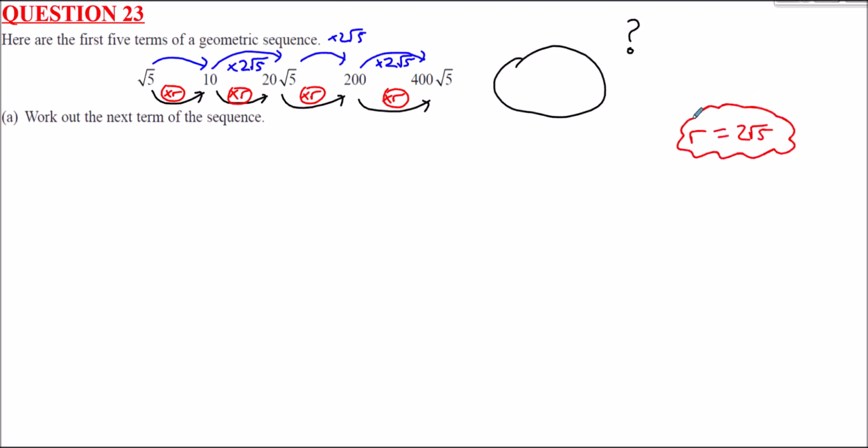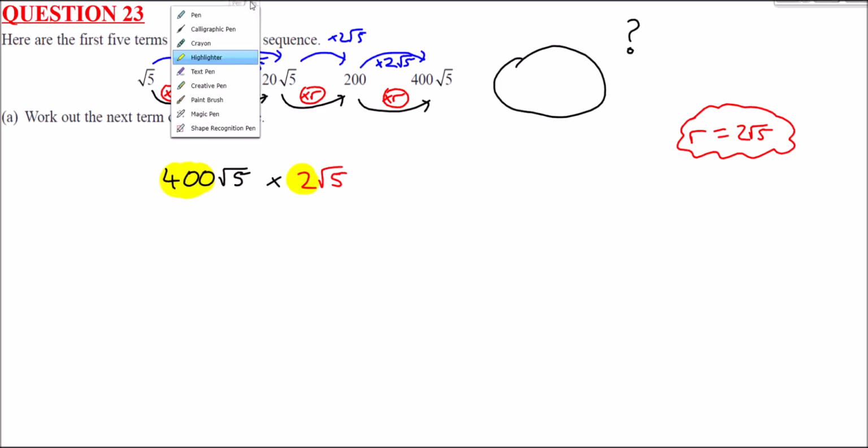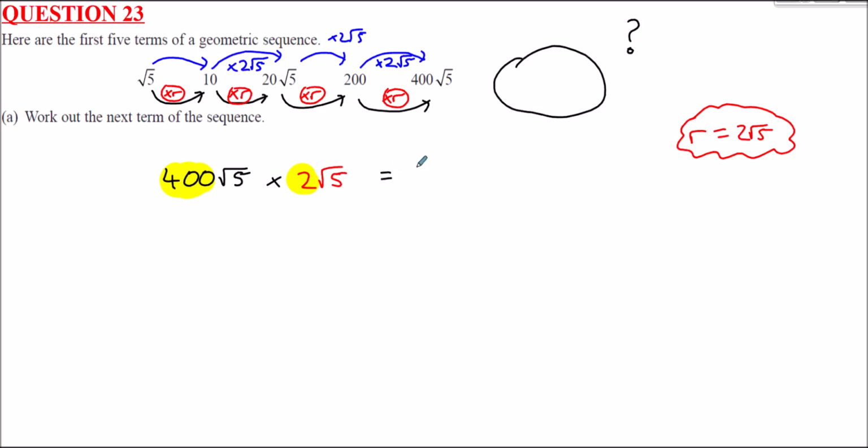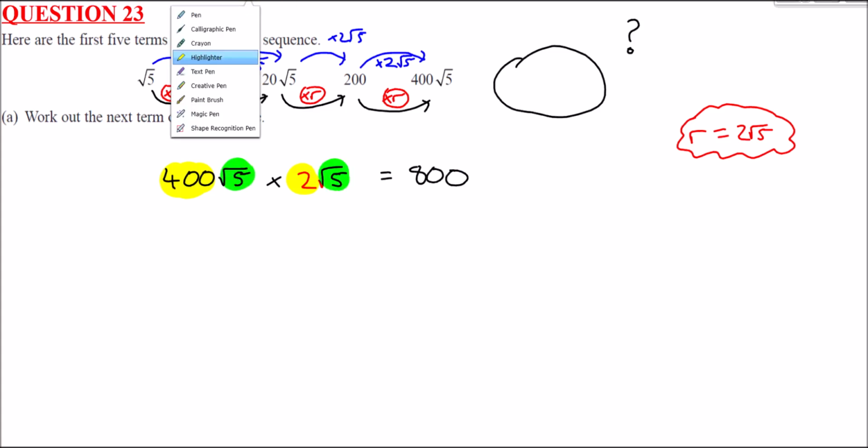So using that fact, what we know is that the next term along will be the last term we've got listed, 400 root 5, multiplied by this common ratio, which is 2 root 5. So if we multiply the whole numbers first, 400 multiplied by 2 gives us 800, and then root 5 multiplied by root 5 gives us 5.